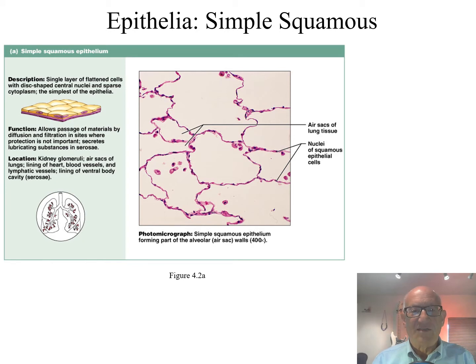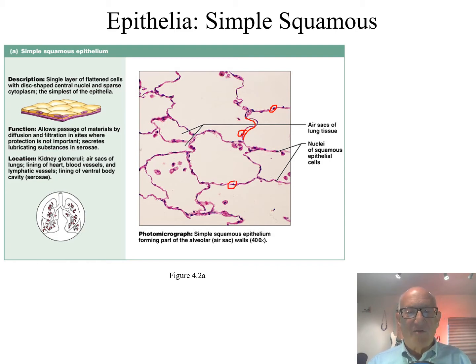Here's an example of simple squamous epithelium in the air sacs of the lungs. You'll see here that we have a single layer of cells, and you can see nuclei along the way in these cells. These are nuclei of the cells all over in here.